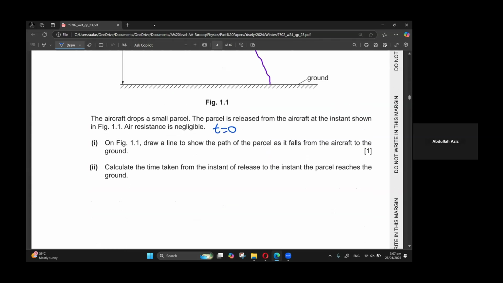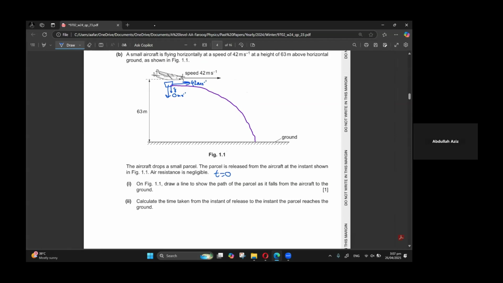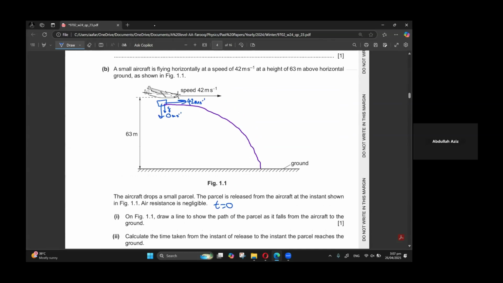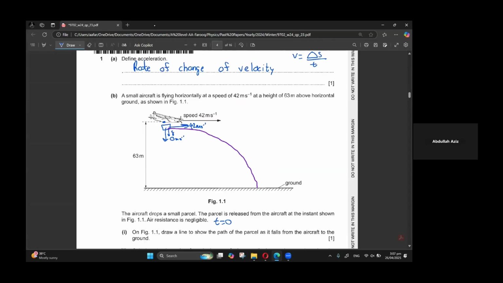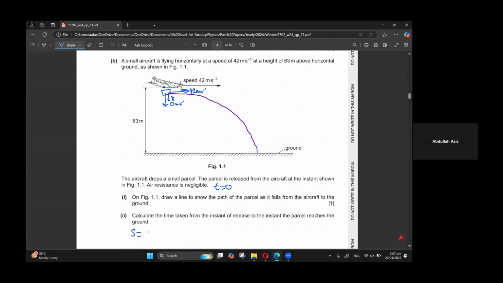Calculate the time taken from the instant of release to the instant the parcel reaches the ground. Over here, you know that the parcel is dropped from a height of 63 meters, and its initial vertical velocity is 0. So we can use the equation of motion s is equal to ut plus half at square.